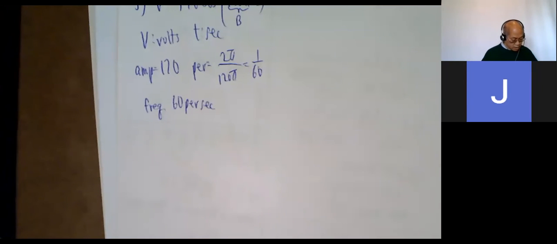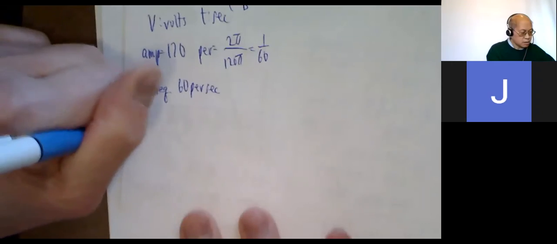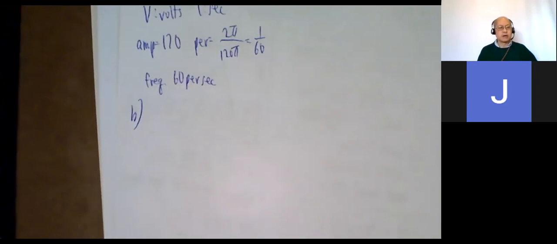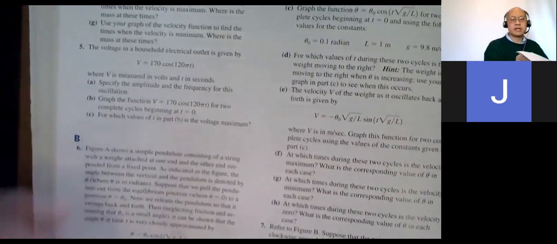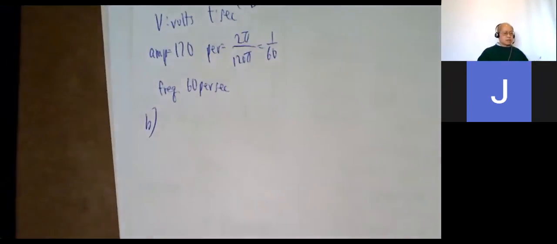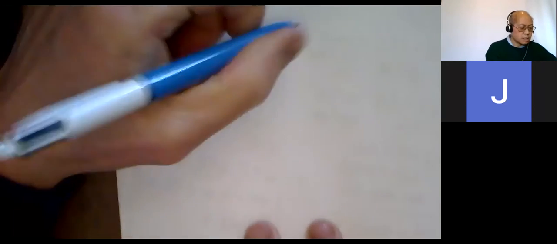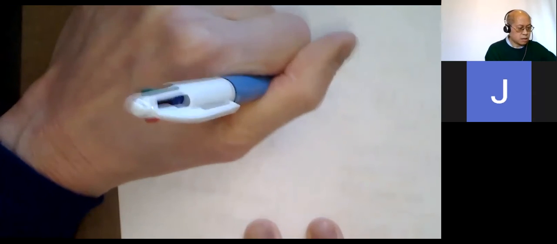All right, B. Graph the function for 2 complete cycles beginning at t equals 0. 2 cycles means 2 periods. A cycle is the same thing as a period.